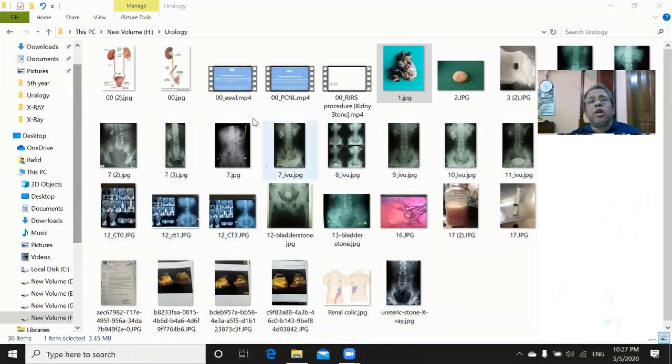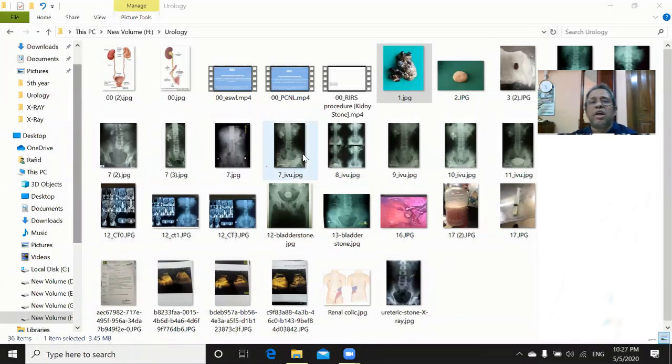So these renal stones have the quality that they are radiopaque. 90% of stones are radiopaque. For that reason, a simple X-ray is capable of diagnosing renal stones. But in comparison, 90% of gallstones are radiolucent.